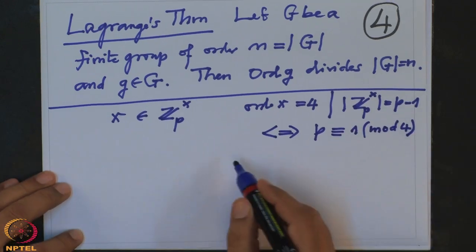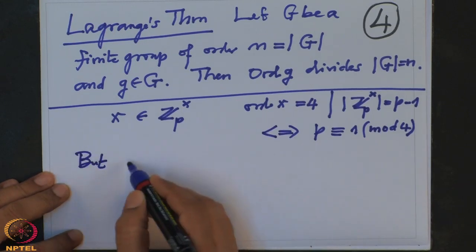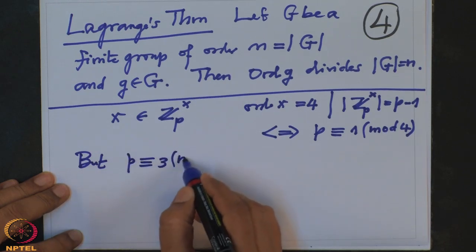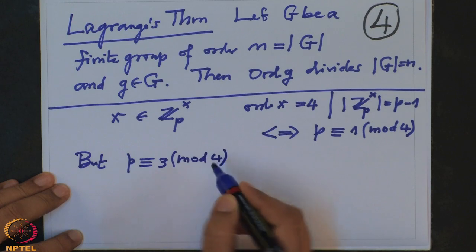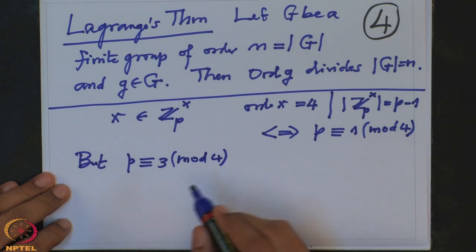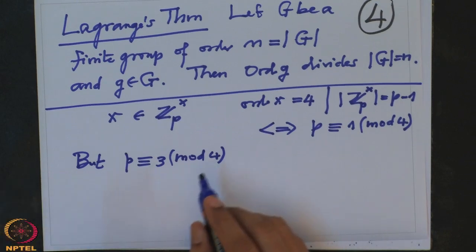But our assumption was p was congruent to 3 mod 4, which contradicts our assumption that the polynomial x square plus 1 has a zero inside this. So therefore we have proved one-way implication.